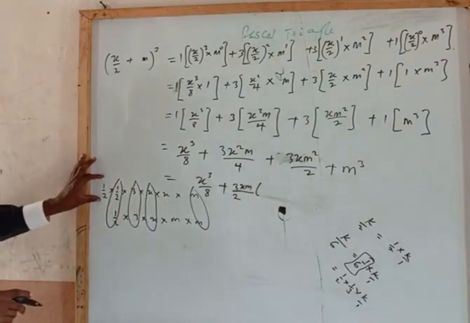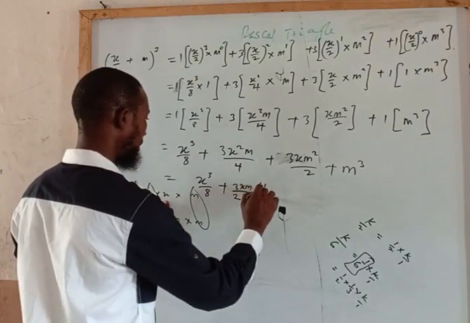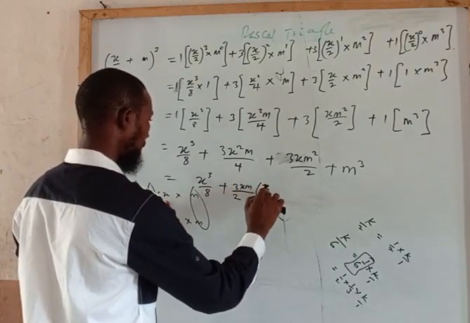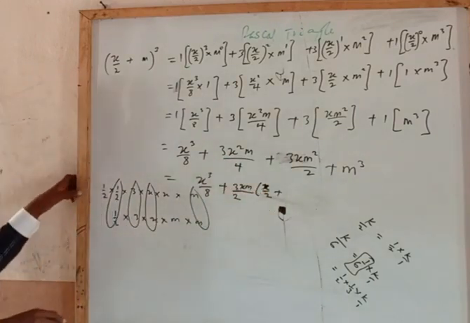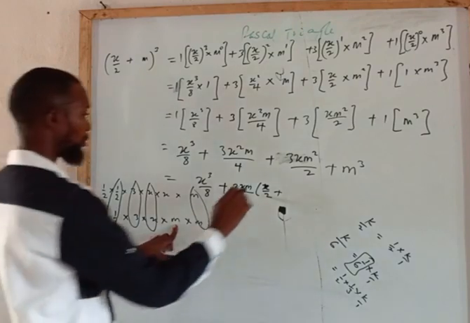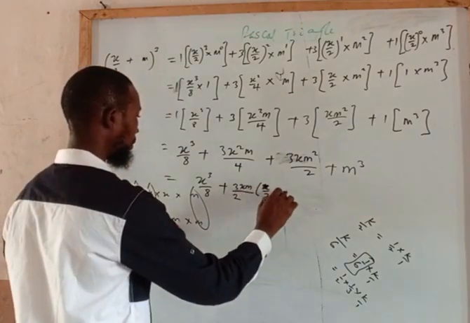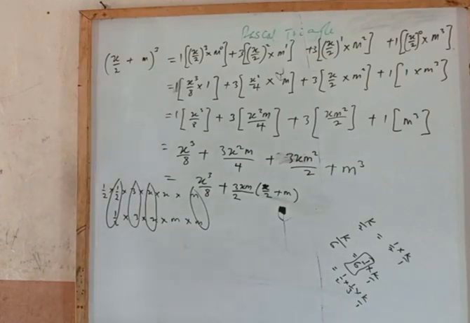This one here, we are still having 1 over 2 and x. So here I can say 1 over 2x or x over 2. Between them is addition, so I will say plus. What do I have left here? Only m. So x over 2 plus m.